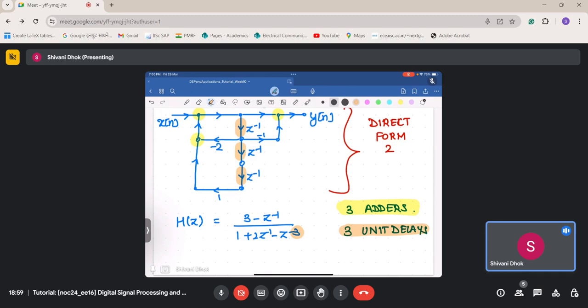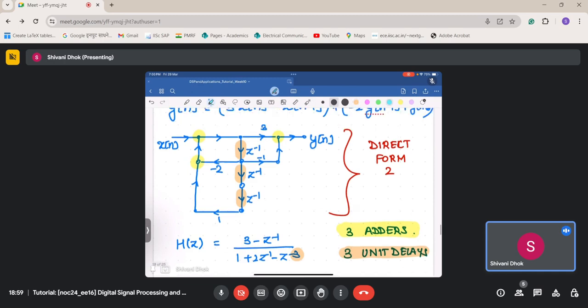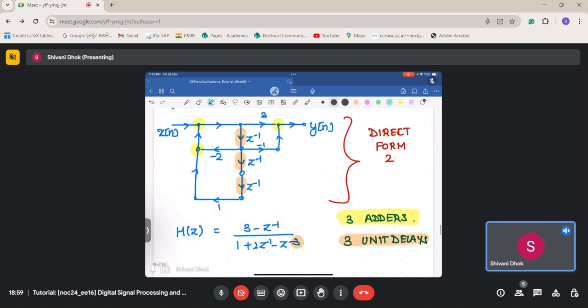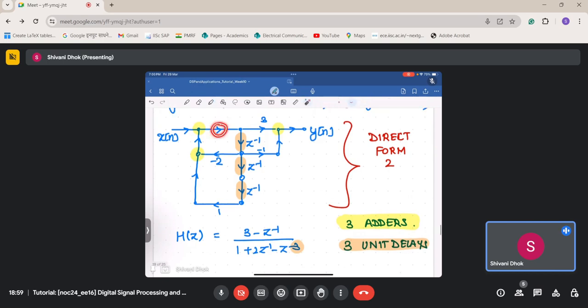The last thing that we need to figure out is the number of multiplier units, and these multiplier units should not have a weight of 0 or 1. For multiplier units we need to check all the branches for their weights. Here you are having a branch, but its weight is 1. Then here you have a branch, and its weight is 3.